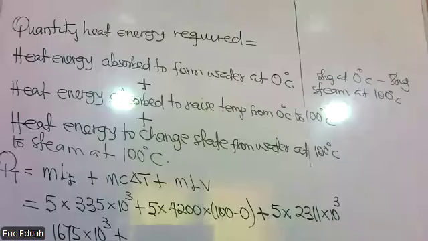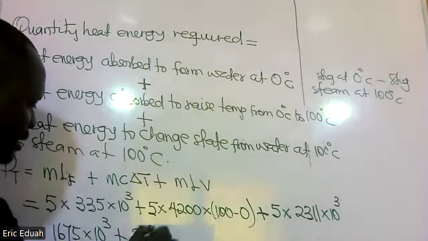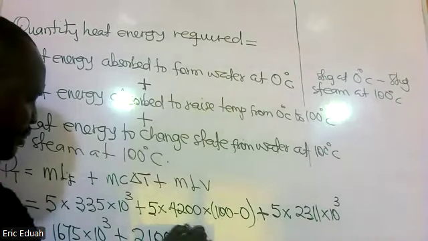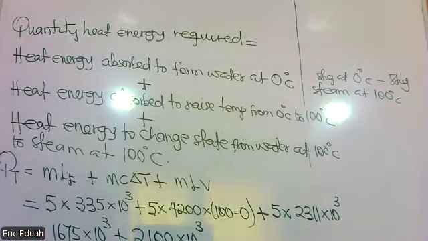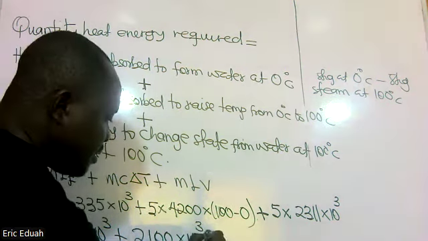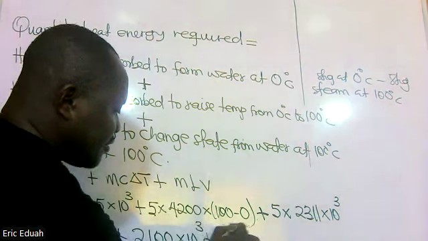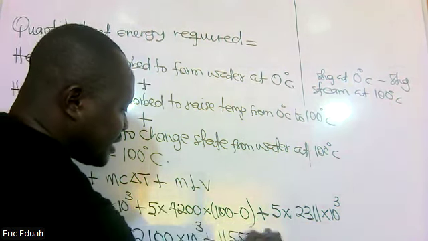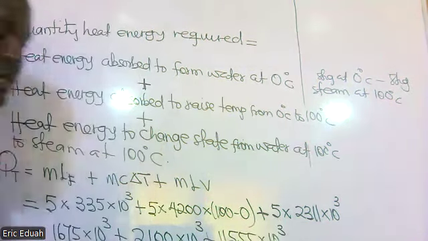This is 2100 times 10 to the power 3. Then 2311 times 5, we have 11,555 times 10 to the power 3.